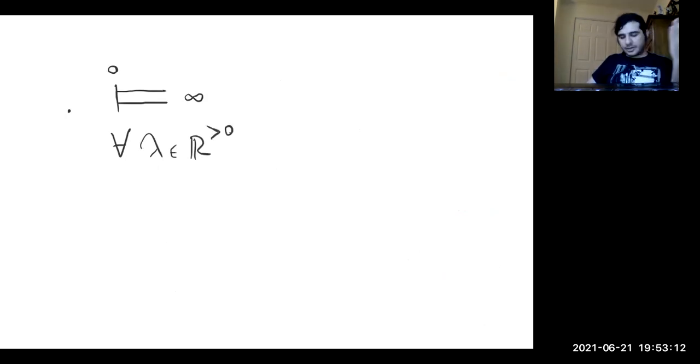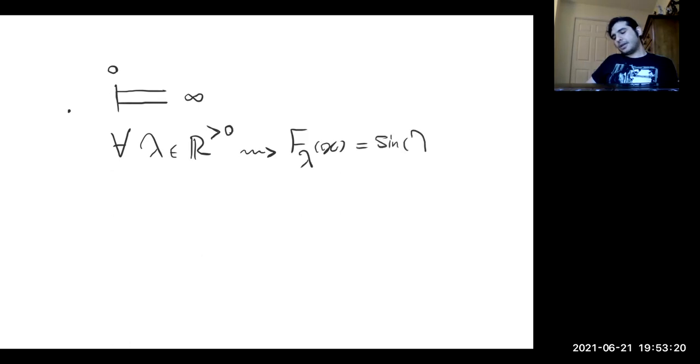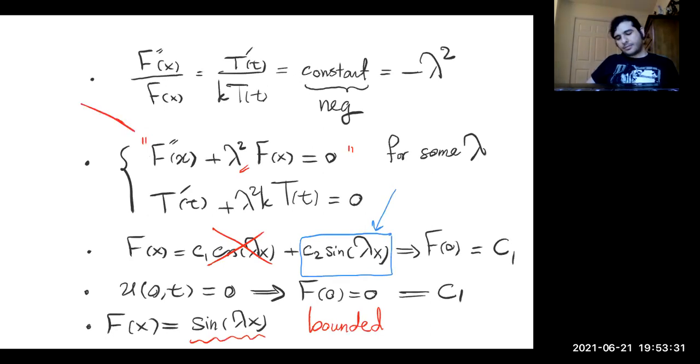So on this bar, which goes from 0 to infinity, for any lambda positive, because if lambda is 0, sine of lambda x is also 0, we have a function f lambda of x, which is sine of lambda x. This function satisfies the equation we had for f. Let's go back. This was the equation for f, and we had two boundary conditions. One was telling us f of 0 is equal to 0.